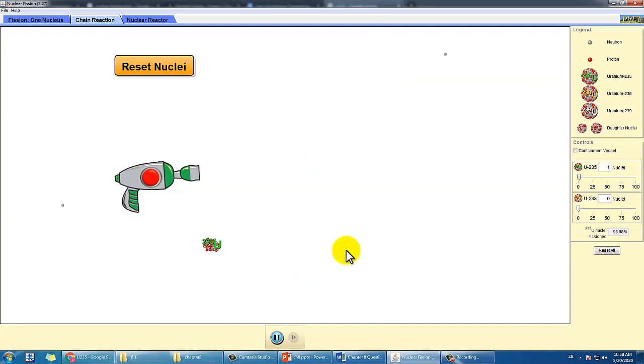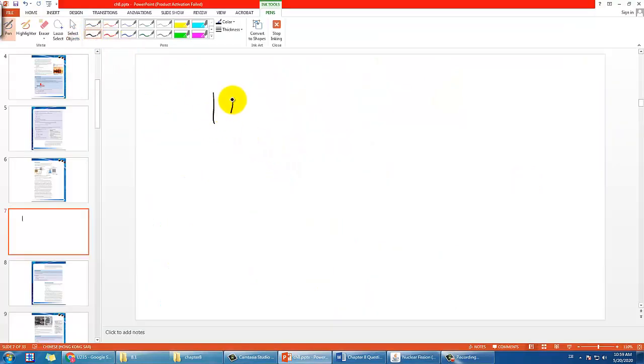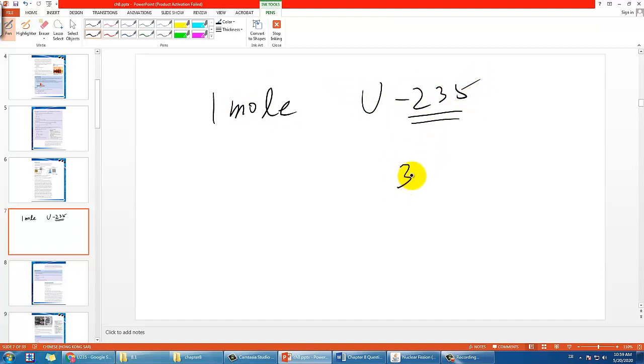It's amazing, isn't it? You may see there's only one left behind. In reality, it doesn't really matter because there are much more than that. Here I've got 100, but in reality you may have 1 mole of uranium. So how much is 1 mole of uranium? Uranium is 235, and that actually means it is 235 grams per mole.